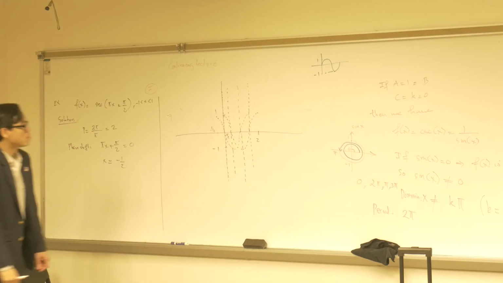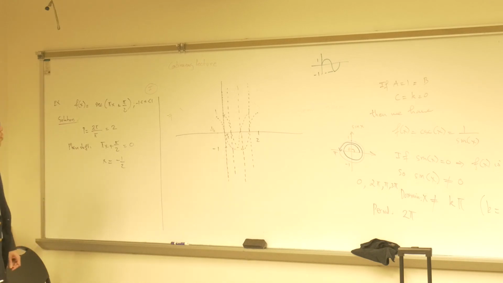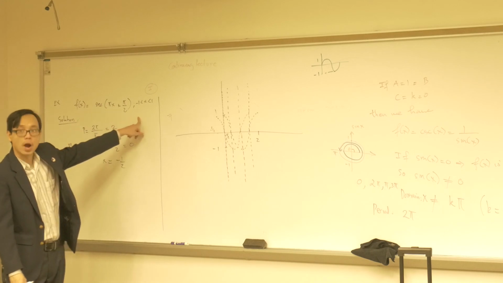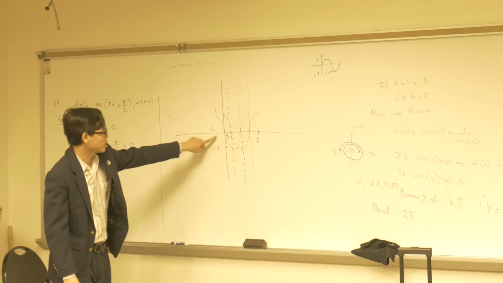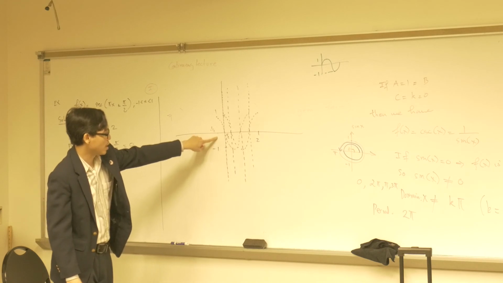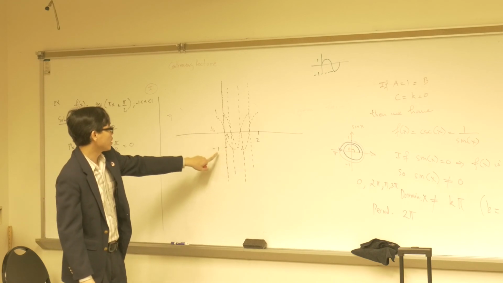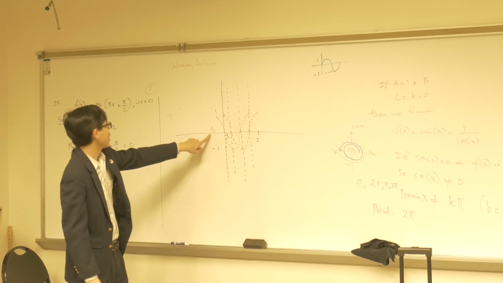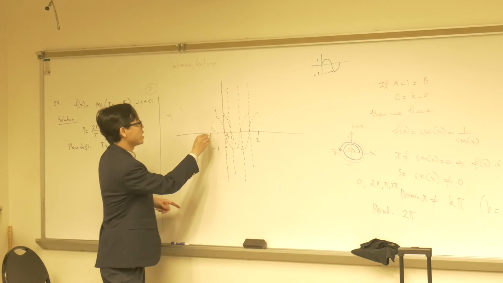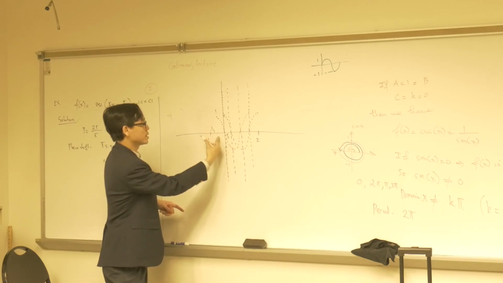And now we want it between what? We want it between -1 and 1 only. So we want it just between here. Oh, I think I messed up with the 1. That should be -1. We want it right here. This is -1 right here, because this is -1/2.